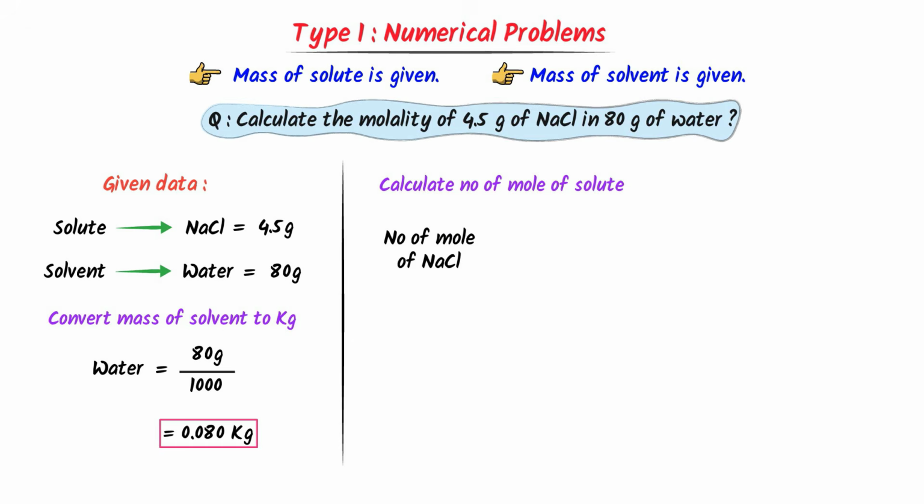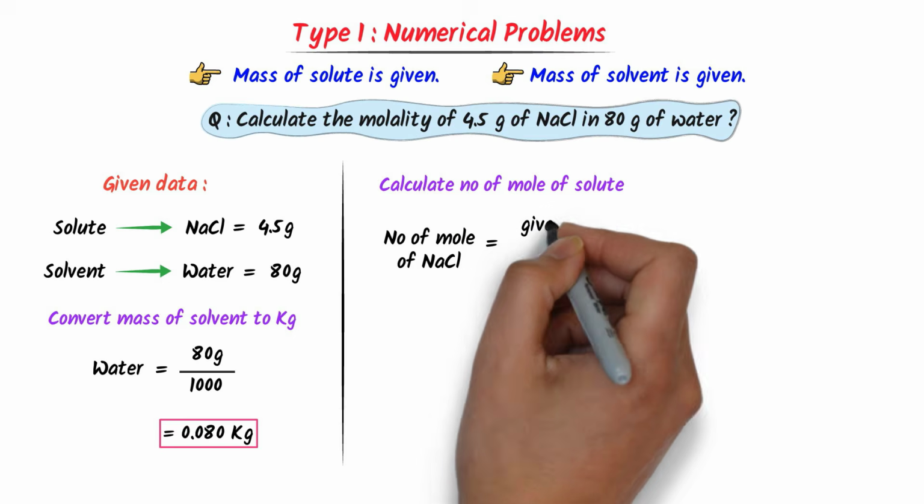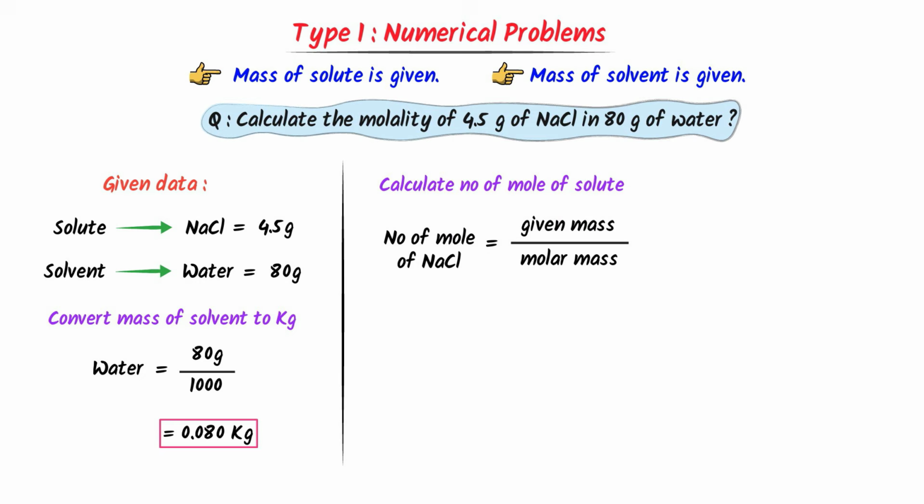Number of moles of sodium chloride is equal to given mass upon molar mass. To calculate molar mass of sodium chloride, I write sodium plus chlorine. Molar mass of sodium is 23 gram per mole and that of chlorine is 35.5 gram per mole. After addition, I get 58.5 gram.